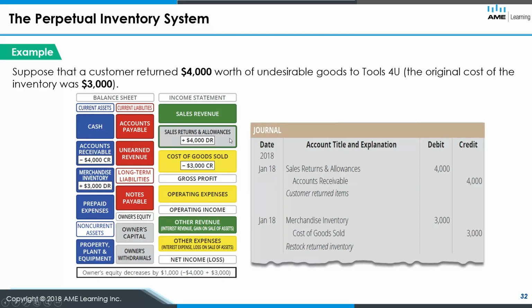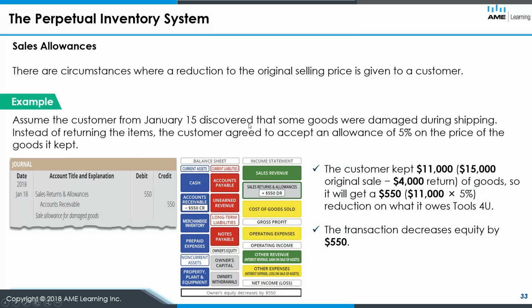And like I mentioned before, having this contra revenue account allows us to analyze the returns by themselves without directly combining those returns into revenue. So then we can see if returns have gone up a lot. It just gives us more visibility from an accounting and business analysis side.